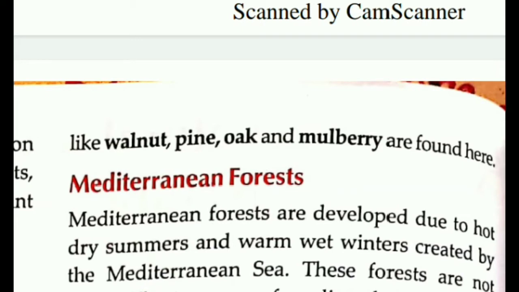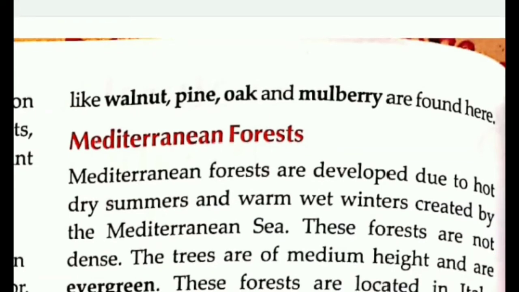They are found in Italy, Spain, Israel, South France, Turkey, Central Chile, California in the USA and southwestern Australia. The important trees here are orange, pine, olive, oak. Citrus fruits like orange, lemon and grapefruit are also found in this area.